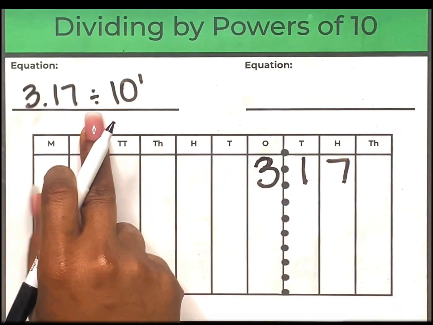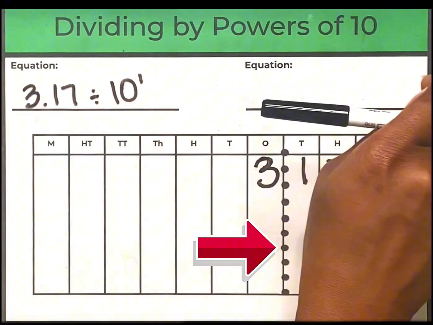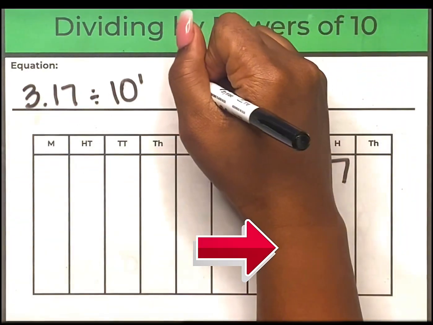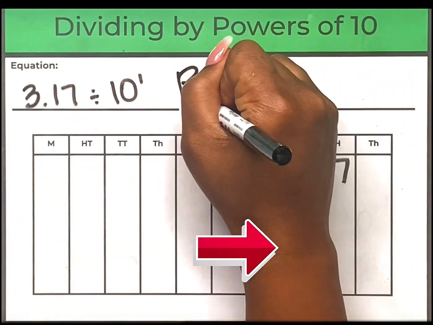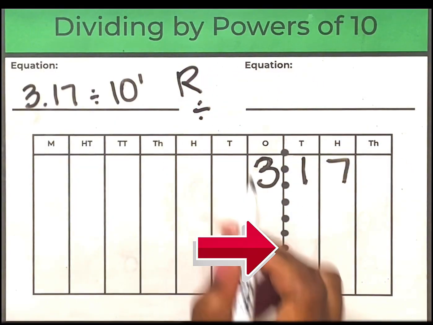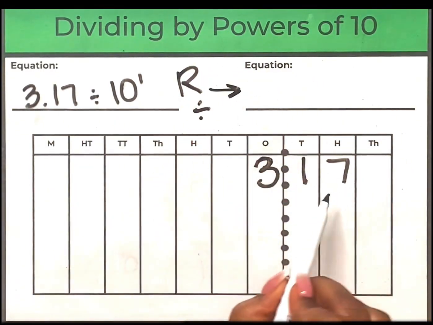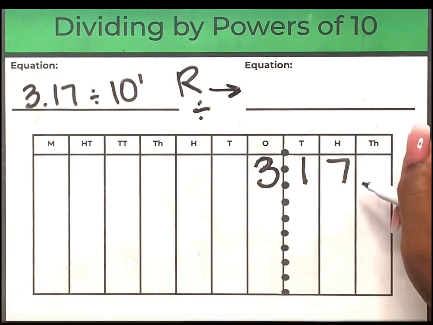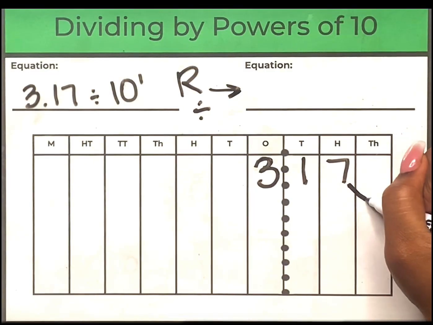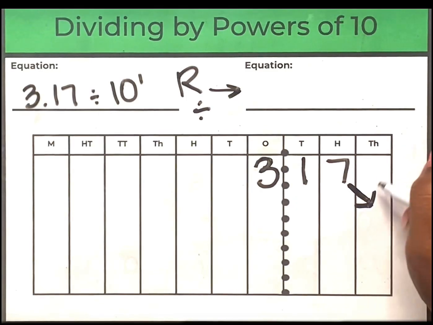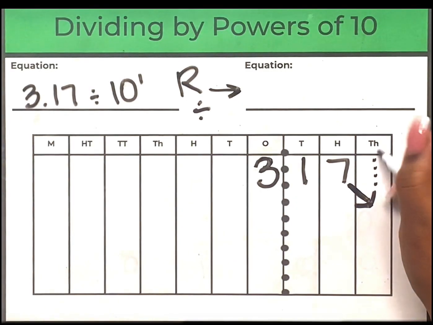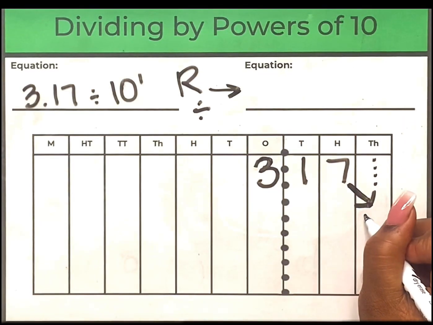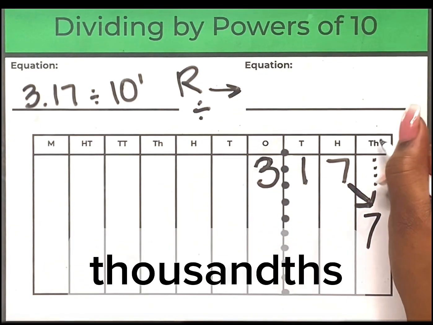And when we divide, we go to the right. We're going to go to the right, which means we're going to pull the digits back. We're going to start in the back of the number to go back. So draw an arrow. Make sure you're at least halfway into the new column. And now the 7 is here in the thousandths place.